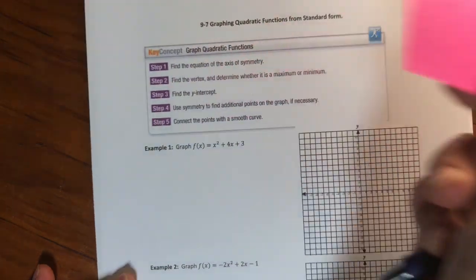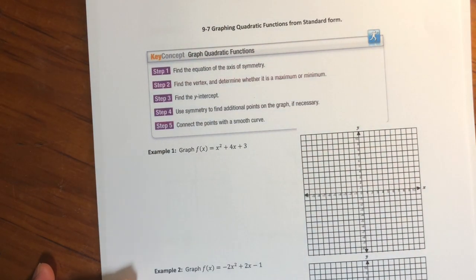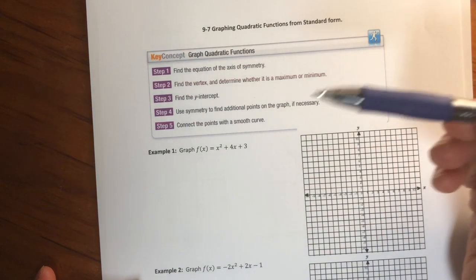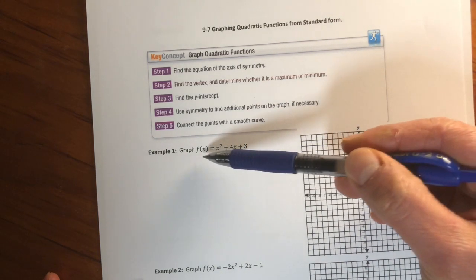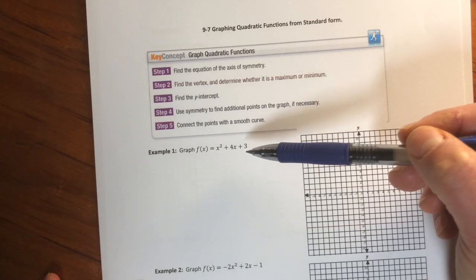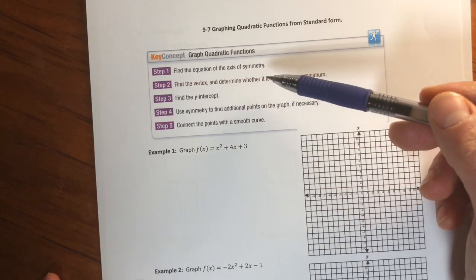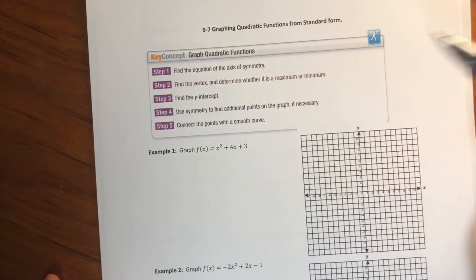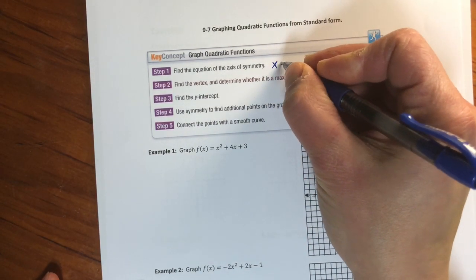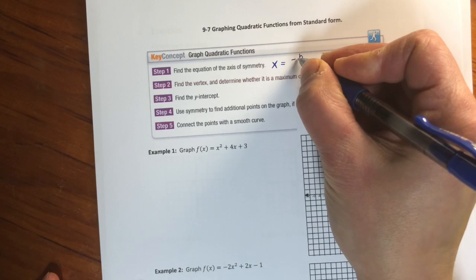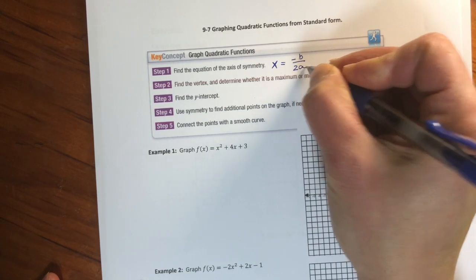So here we go, back to our notes. If you have a quadratic function in standard form, it looks like this. The first thing that you want to do is find the equation of the axis of symmetry. I want you all to do this like this. The equation for the axis of symmetry is negative b over 2a.